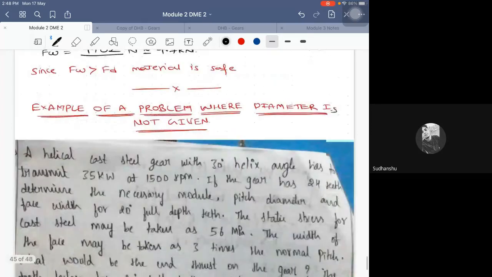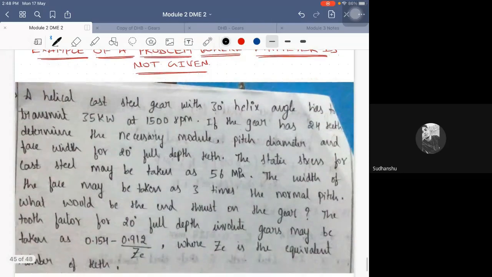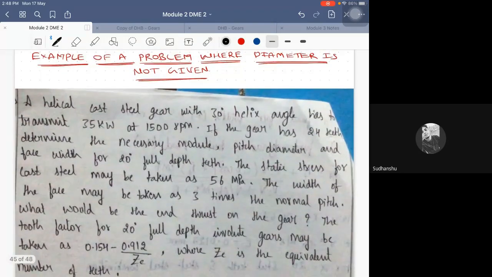Okay, next particular problem, which is this. All of you take a screenshot of this particular problem. This is an example where someone asked a doubt regarding this. In certain problems, the diameter will not be given.